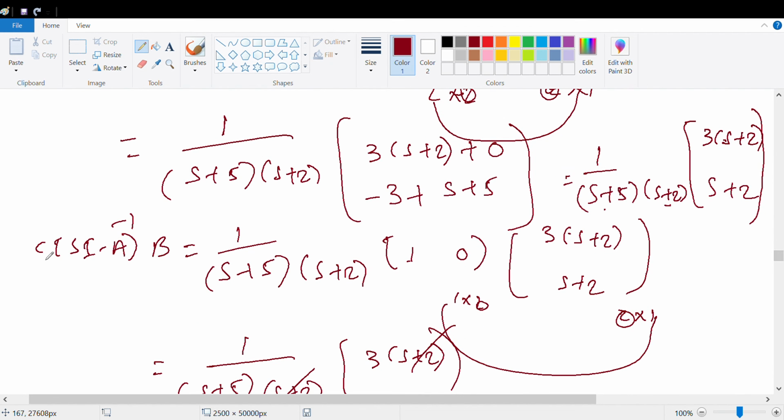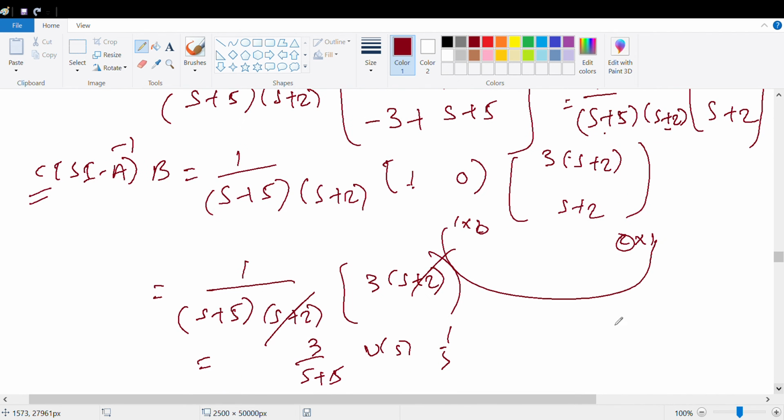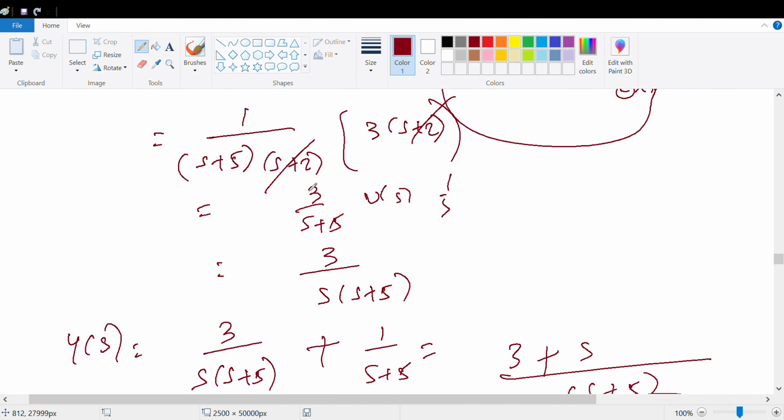After that we multiply with C: a 1 by 2 matrix and a 2 by 1 matrix give a 1 by 1 matrix. Therefore 1 into 3 into (s plus 2) plus 0, so 3 times (s plus 2) by (s plus 5)(s plus 2), we get 3 by s plus 5, and we multiply it with U of s. U of s means 1 by s, so 3 by s times (s plus 5).